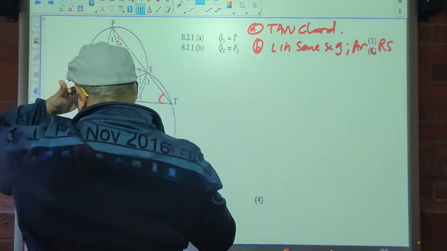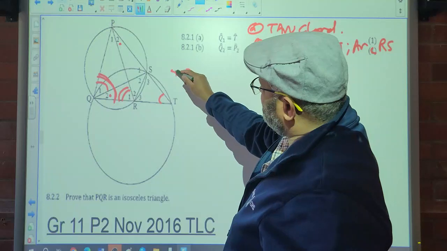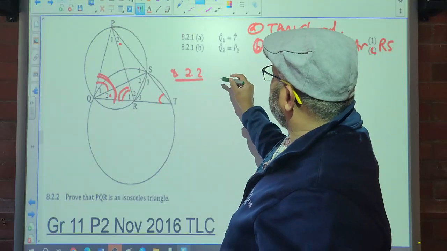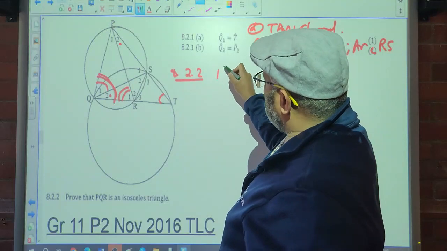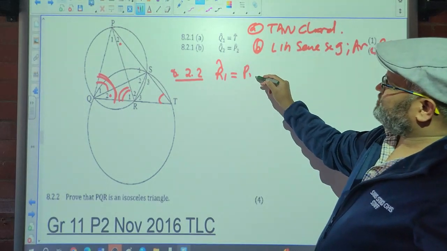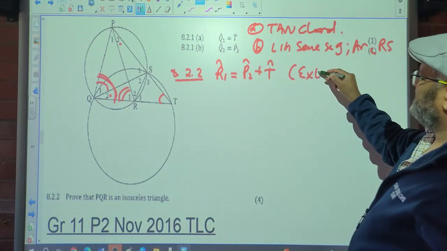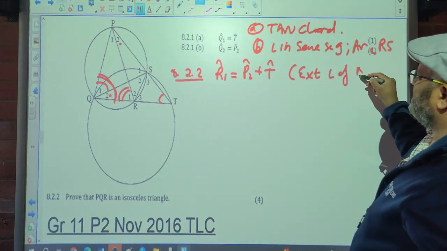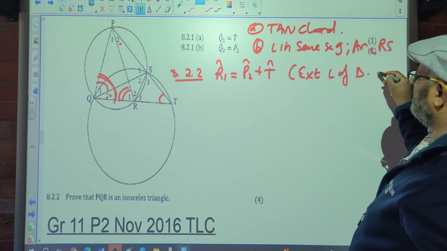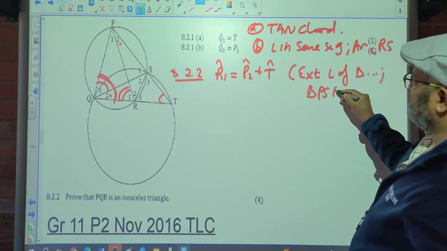Okay. So 8.2.2: since R1 is equal to P2 plus angle T, exterior angle of triangle.